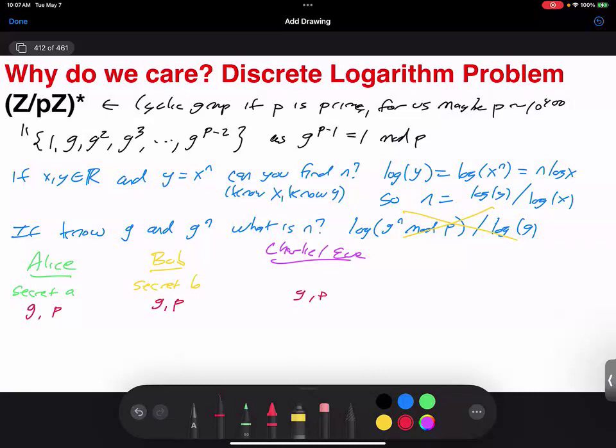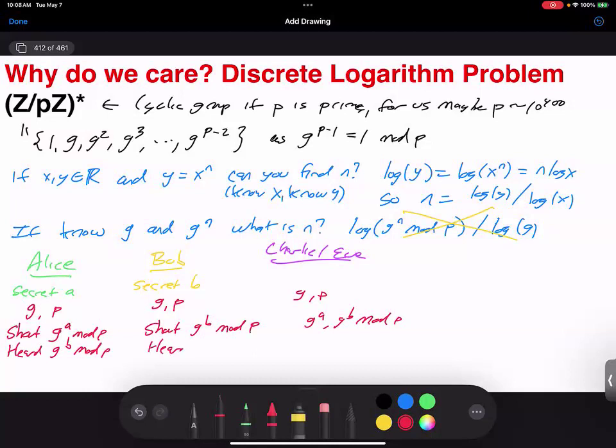And Alice is going to shout G to the A, mod P. And Bob will shout G to the B, mod P. What does Charlie now know? Now, what else? What has Alice heard? So she heard G to the B, mod P, and Bob heard G to the A, mod P.